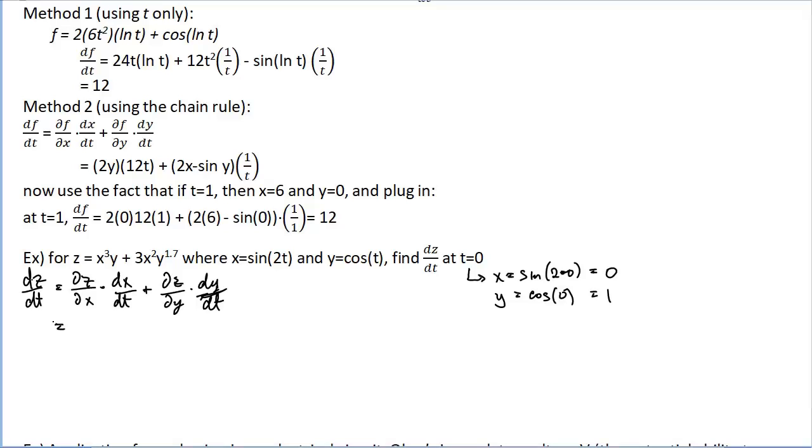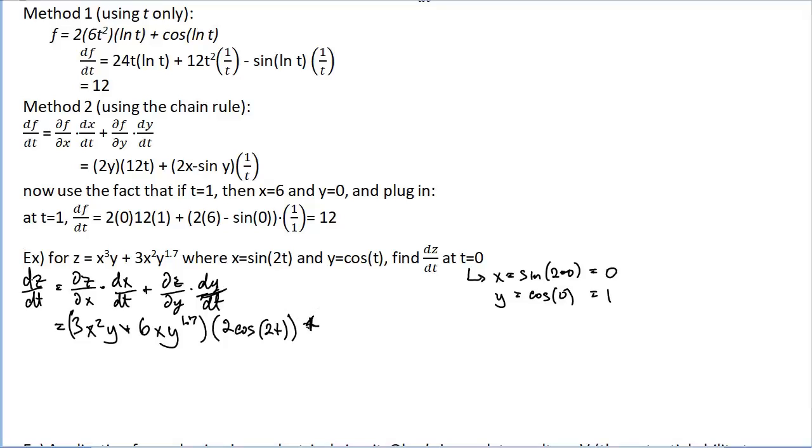So dz/dx is 3x squared y plus 6x y to the 1.7, times dx/dt. So dx/dt is just going to be cosine of 2t multiplied by 2. I'll stick the 2 in front.